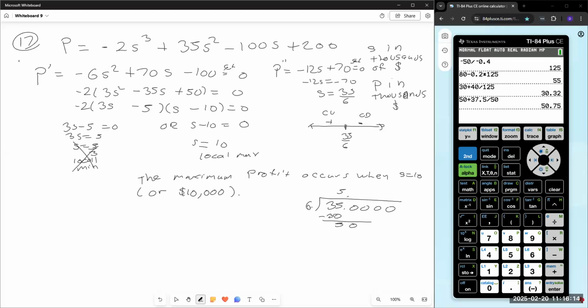And then 8 times 6 is 48 with a difference of 2. And then 3 times 6 is 18 with a difference of 2 again. And that 3 just repeats. So this represents 5,000.